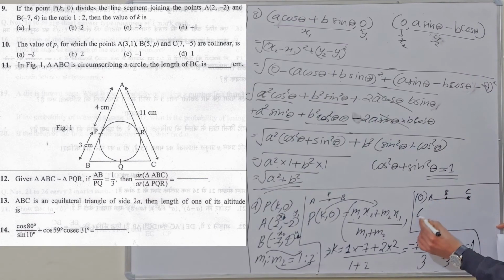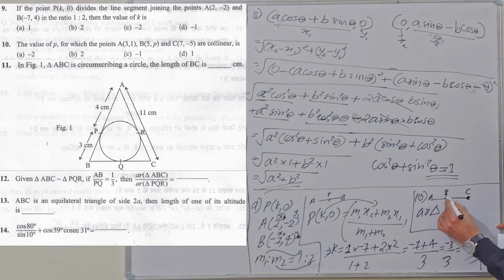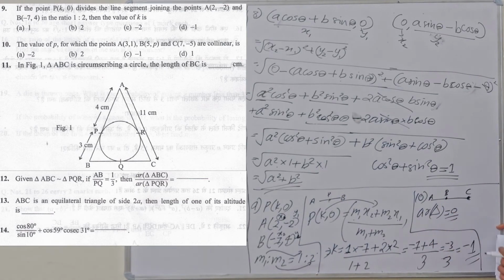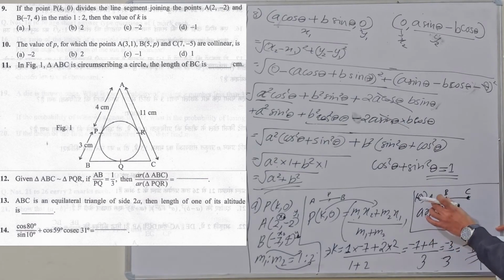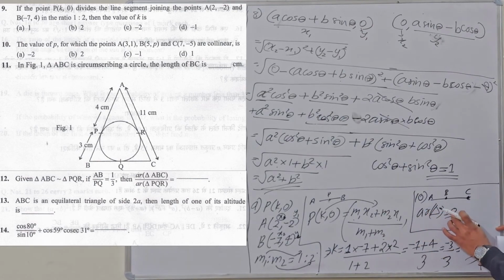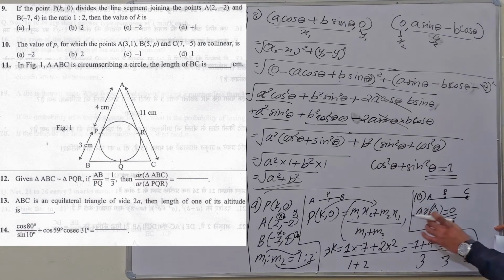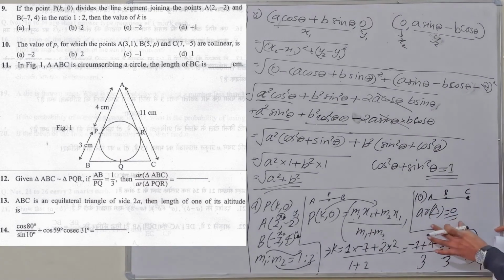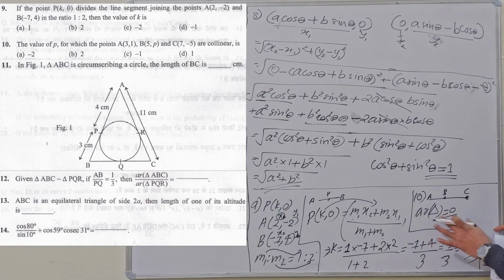One is that the area of the triangle formed by these 3 points A, B, C will be equal to 0. Then we just put the values of A, B, and C in the area formula of a triangle given in the textbook, put it equal to 0, and we will get the value. Either we will get a quadratic equation or a linear equation, solve it, and we will get the value.